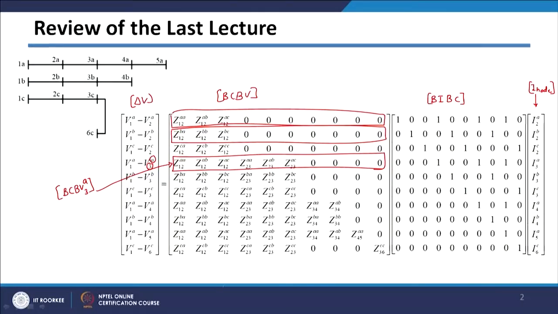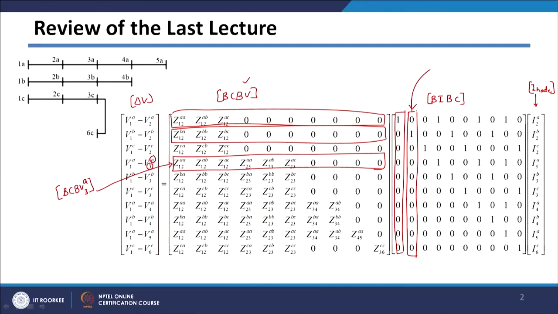So, we have divided the whole BCBV matrix into a number of rows and given names to each of the rows, and then we divided the BIBC matrix into a number of columns, considering each column, and gave names to these columns.